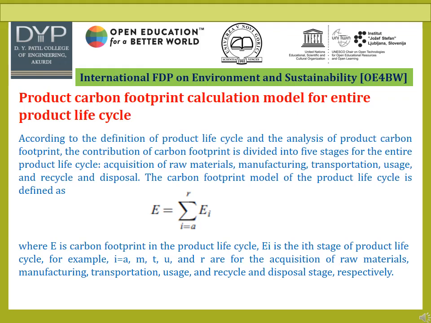The carbon footprint model of the product life cycle is defined as E = ΣEi, from i = A to R, where E is the carbon footprint in the product life cycle and Ei is the ith stage of the product life cycle. For example, i = A, M, T, U and R are for the acquisition of raw materials, manufacturing, transportation, usage and recycle and disposal stage respectively.